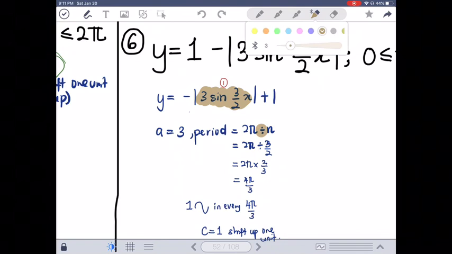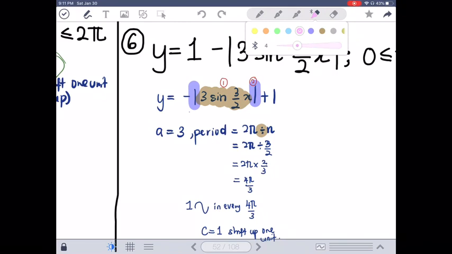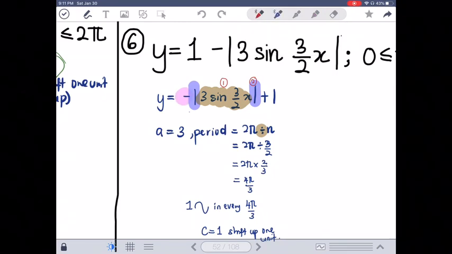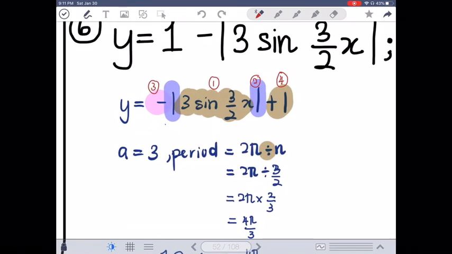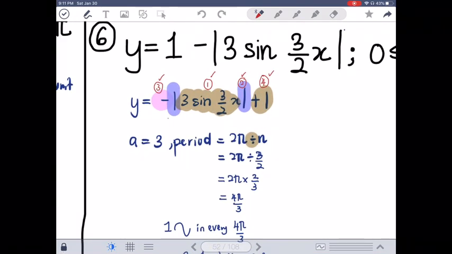The next one you will do the modulus. The third one you will do the negative. And the last one only you will deal with the shift. So start first, second modulus, third negative, and the last one is the shift.